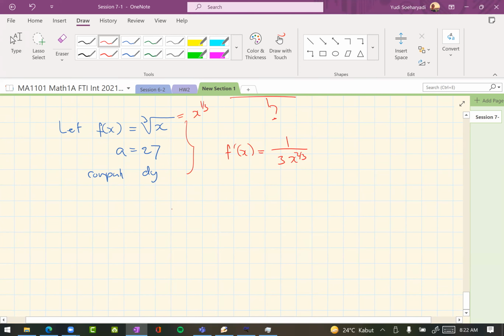What we need to compute is delta y, but this delta y is approximated by dy. And because we know this is computable using this, dy equals f prime of x times delta x.